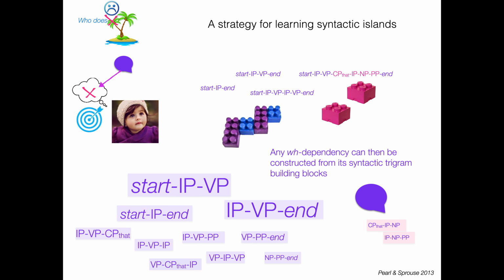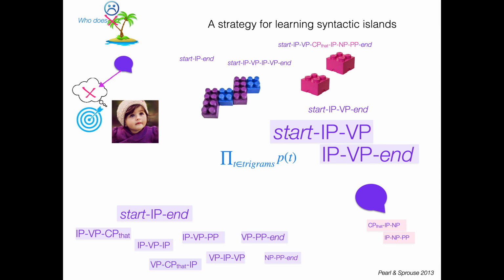And then when you want to figure out how probable, how acceptable a WH dependency might be, you can construct that dependency from its syntactic trigram building blocks, right? So here's we would construct it from this, and in this case, Pearl and Sprouse propose that you just multiply them. It's a simple aggregation strategy. There are other ones you can try, but this one worked, so this is what they did.